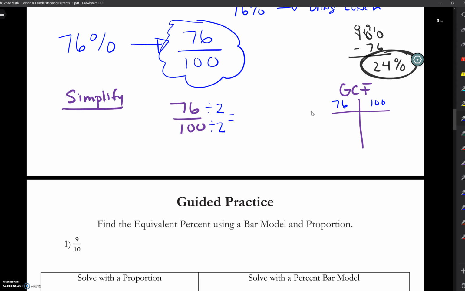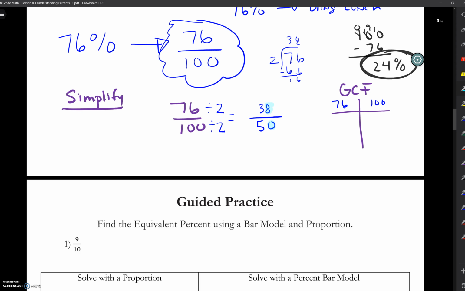And so 100 divided by 2 is 50. And 76 divided by 2 is 38. Now, they're both divisible by 2 because they're both even numbers. Once again, 8 and 0 are even numbers.